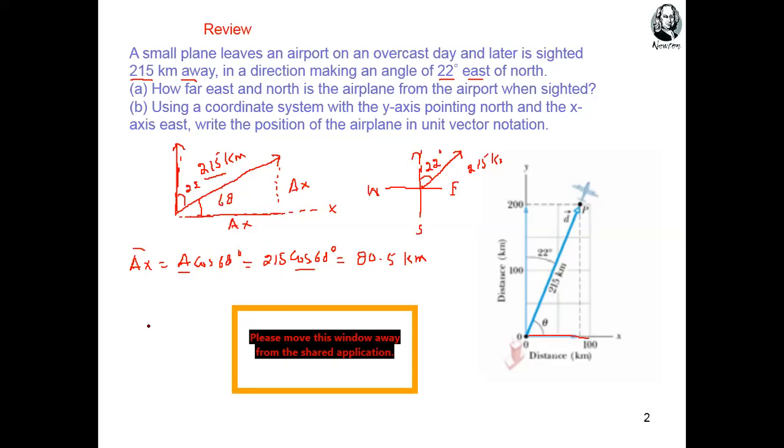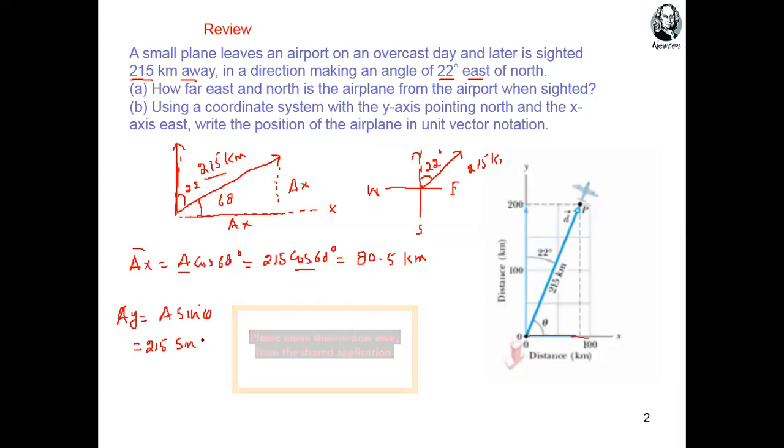Same for the vertical component: Ay is equal to A times sine of theta, where A is equal to 215 and the angle is 68 degrees. First of all, find sine 68 degrees, then multiply with 215.